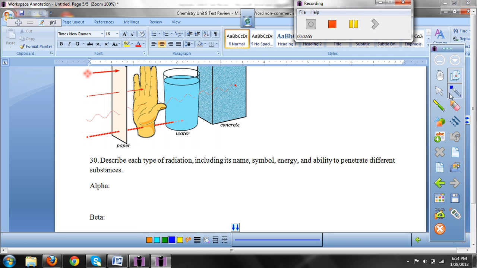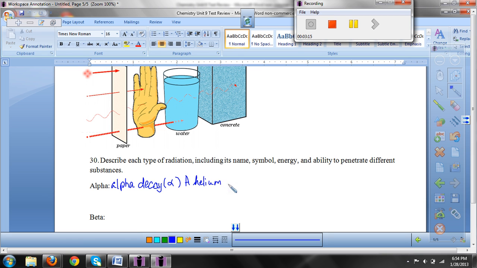So I said, well, for alpha decay, the symbol is the Greek letter alpha. And what happens is a helium nucleus is emitted from a radioactive source.